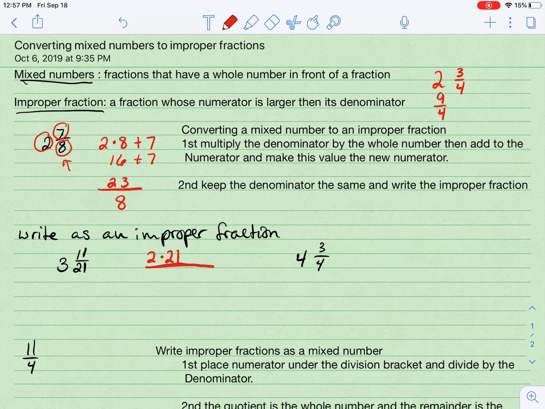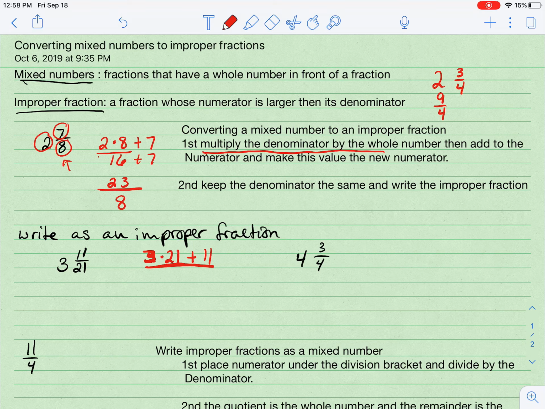Once again, multiplication is commutative, so it doesn't matter which one you do first. On the first step I said multiply the denominator by the whole number, but I actually did the whole number by the denominator. I could have done 8 times 2, and it would have been the same thing. So 2 times 21, plus, oops, that should be a 3. My whole number is 3, so 3 times 21 plus the numerator, which is 11.